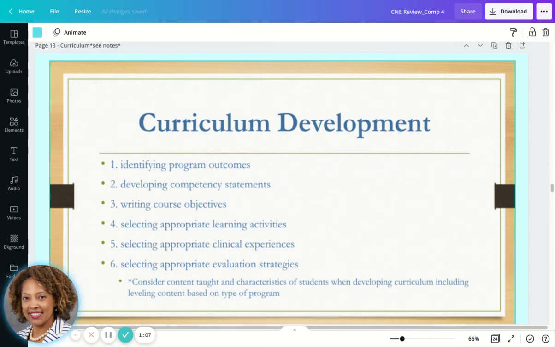Most accelerated programs are aligned with the traditional pre-licensure program, and it's important that it's all aligned to ensure that the outcomes are met despite what the delivery is. That is an area that you want to consider.